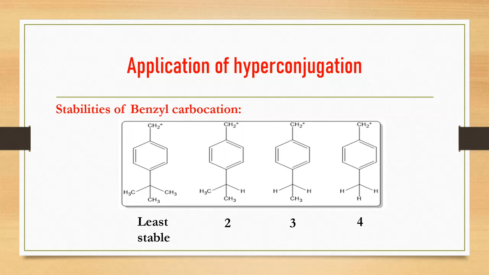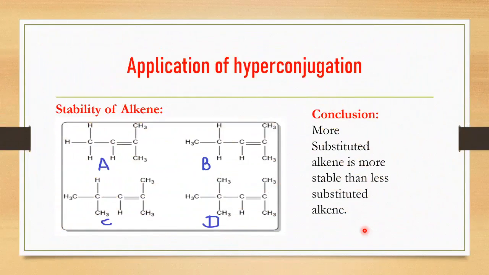Now let us look at how hyperconjugation decides the stability of alkene. In alkene, if we take an example as A, this alkene is having 2 carbons, and both the carbons are sp2 hybridized. Now as per hyperconjugation, the sp2 center should have an adjacent carbon having a minimum of one hydrogen.